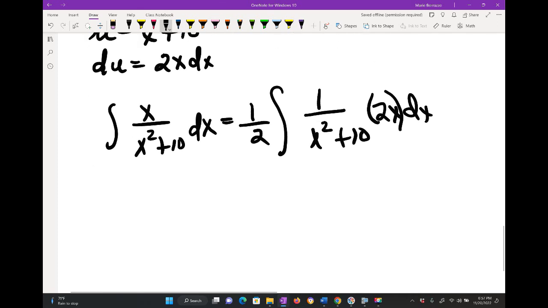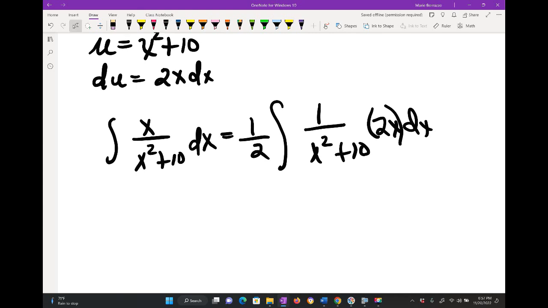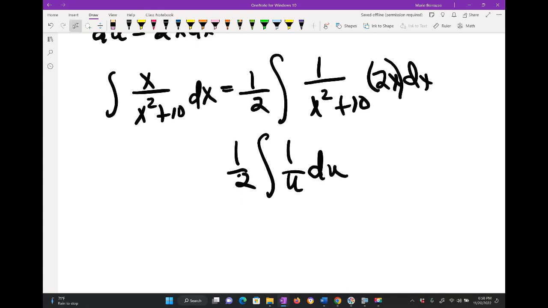So if I use u substitution now, what I have is 1/2 times the integral of 1 over u du, which we already know is natural log u, so we really have 1/2 natural log absolute value of u plus c.